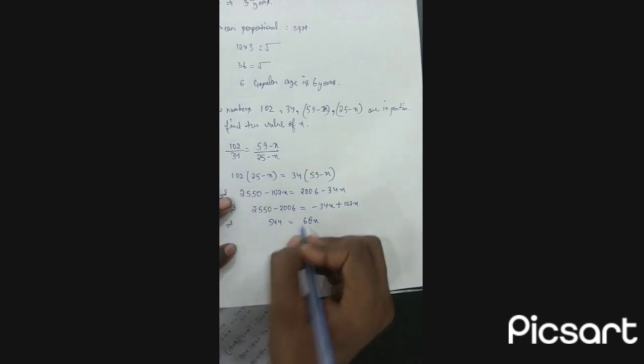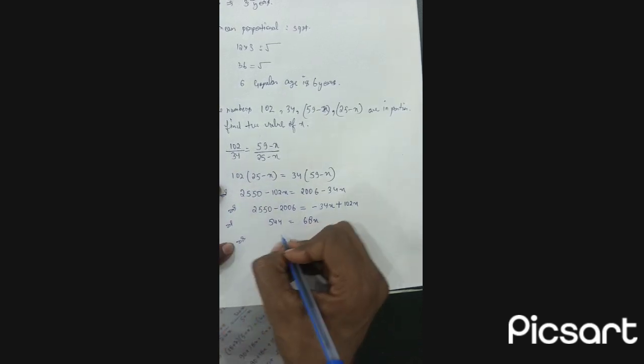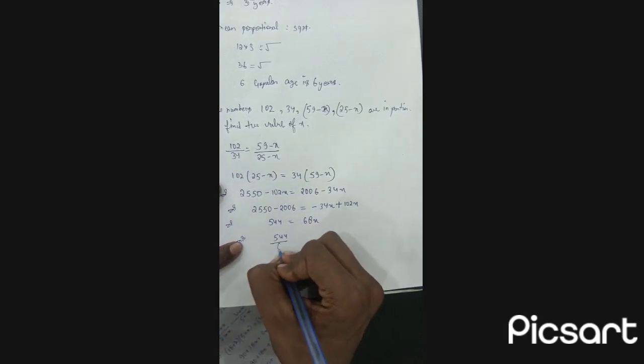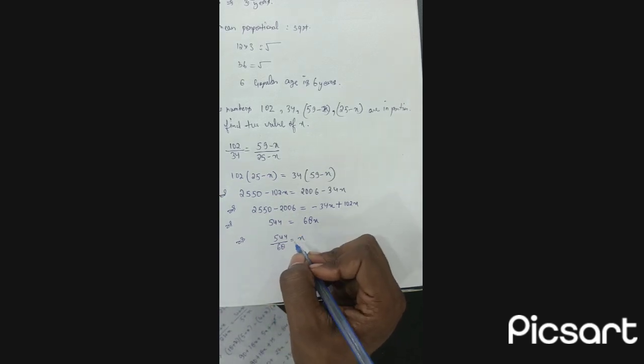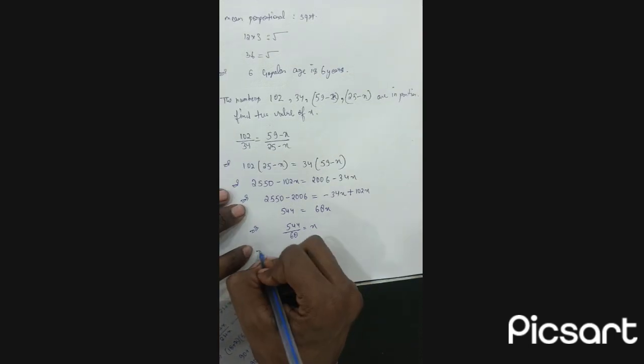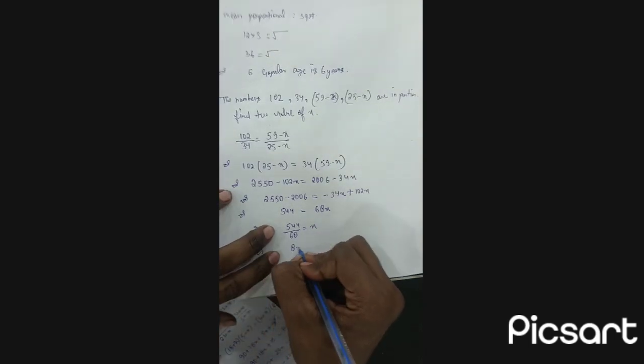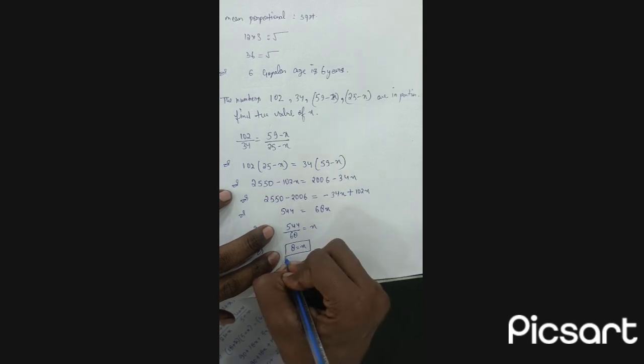So 544 divided by 68 equals x. 544 divided by 68 is 8. So 8 is your x value.